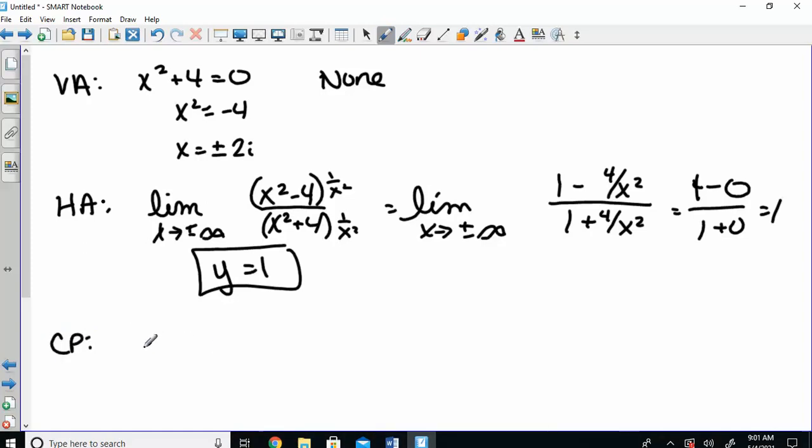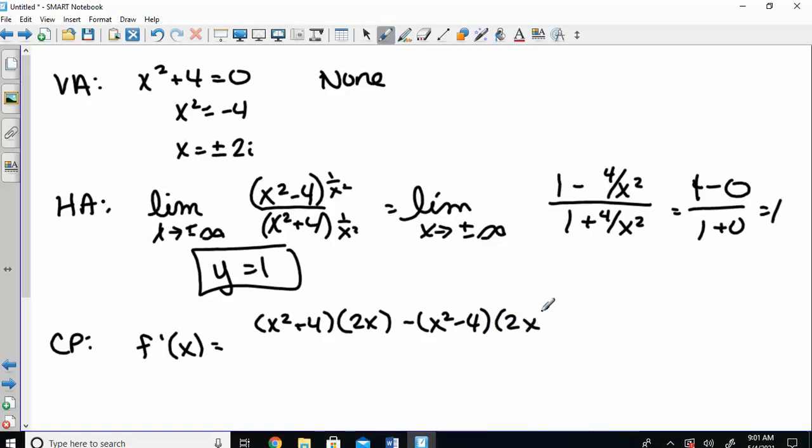Critical points. To find those, you have to find out anywhere the derivative is 0 or undefined. So it is a fraction, so we have to do quotient rule. So low, d high, derivative of the top is 2x, minus high, d low, over low squared.